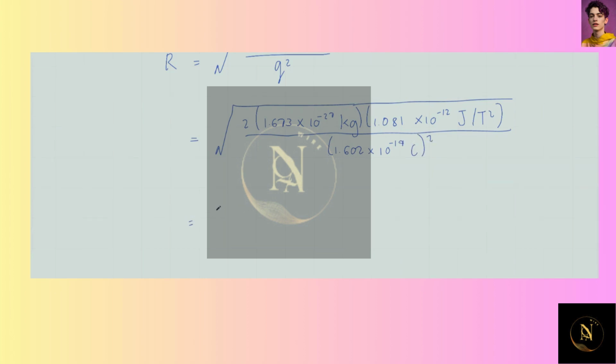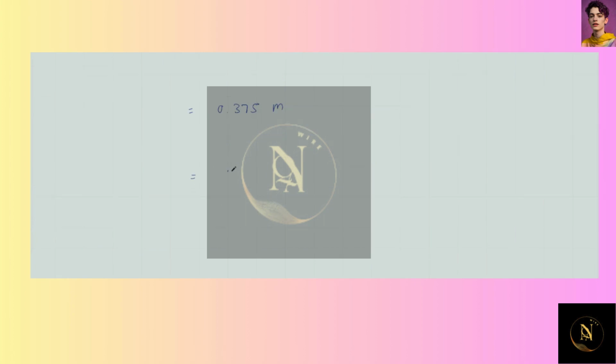This gives the radius of the orbit to be 0.375 meters, which is 37.5 centimeters.